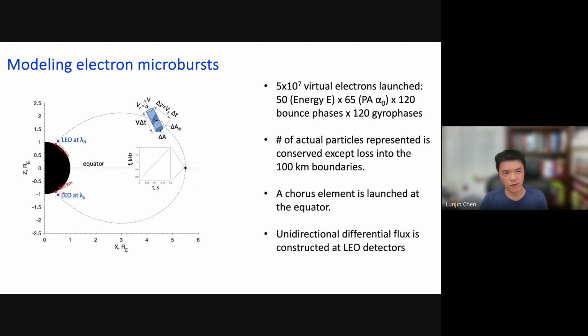We can put virtual observation points, like at this near-Earth location, to detect the electrons that can be detected there. At the end we're able to construct the unidirectional differential flux at any location as a function of pitch angle, energy, and time. By doing this, we have a straightforward way to compare against any particle detector on a near-Earth satellite.